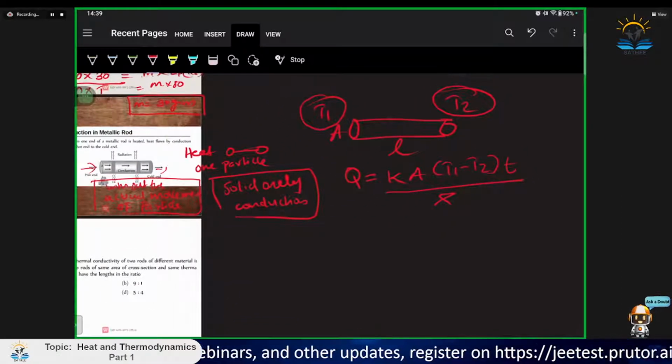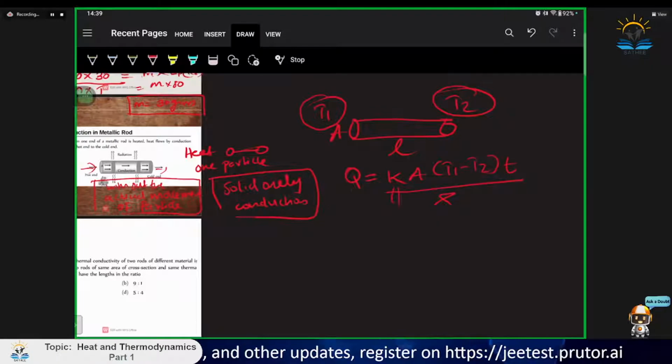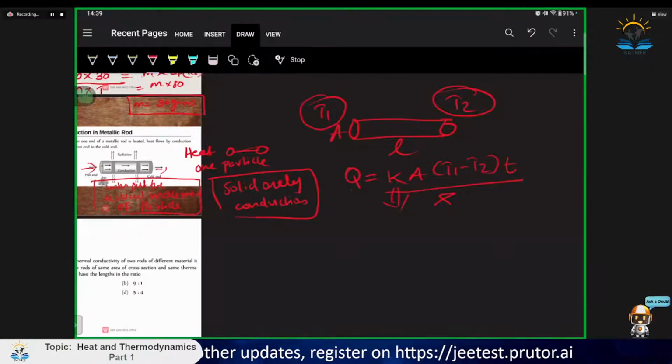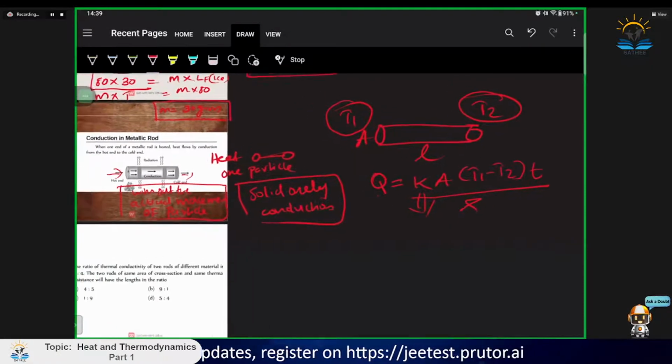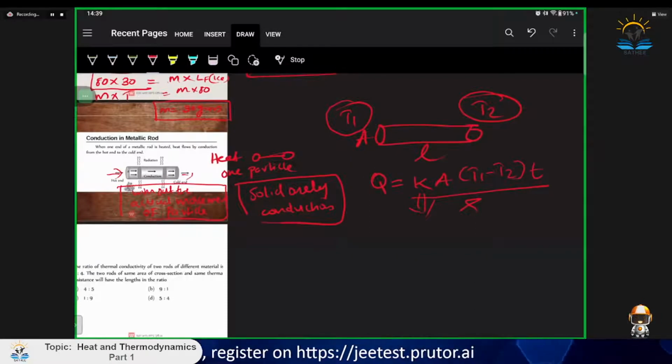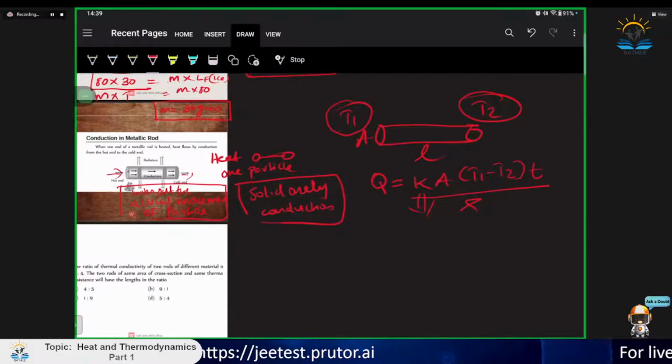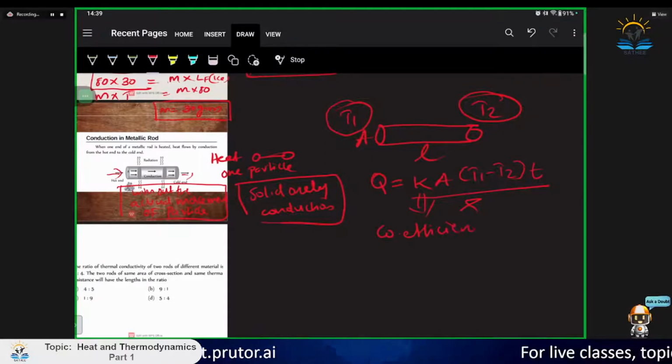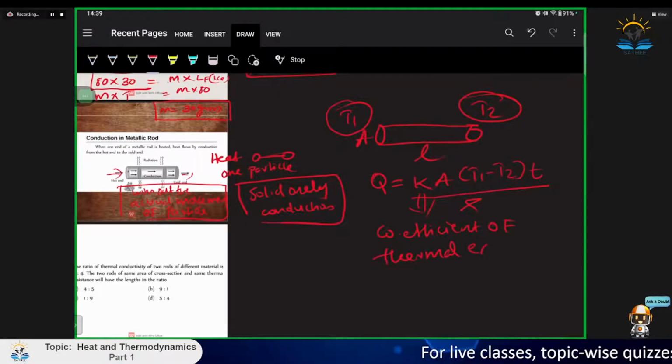So Q is the heat given, K is the coefficient of thermal conductivity.